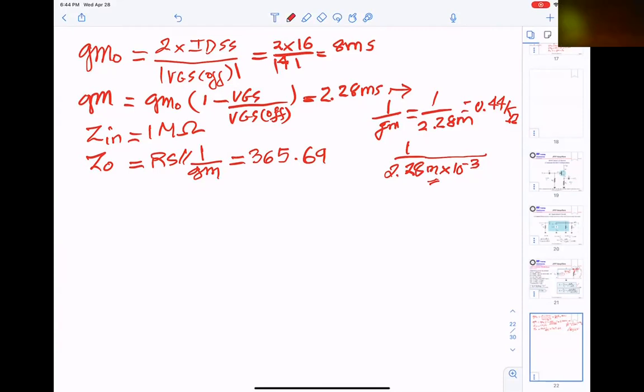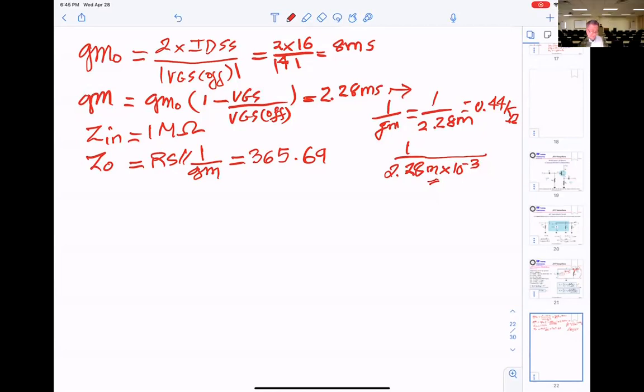Yeah, I know. I changed the 2.28 to 0.00228 and took the reciprocal. 1 divided by 2.28, I get 0.438. Okay, I see what you're doing, because you're putting it in K, but we basically got the same answer.